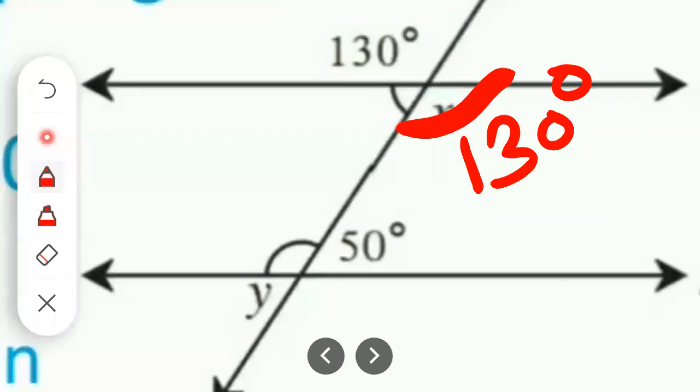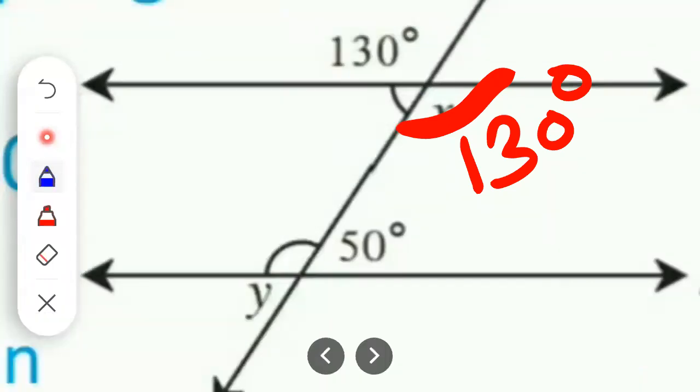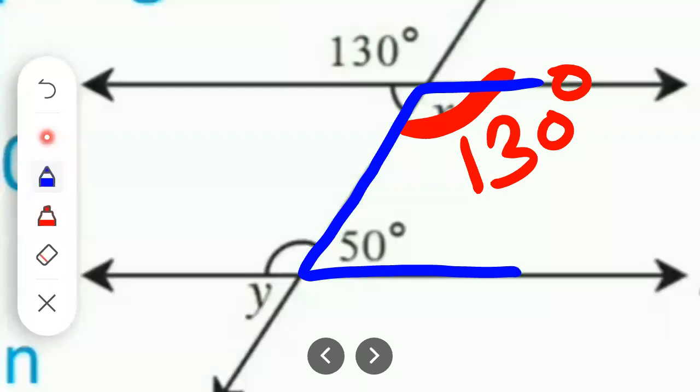Now those two angles, this angle x and this angle whose measurement is given as 50, are interior angles.